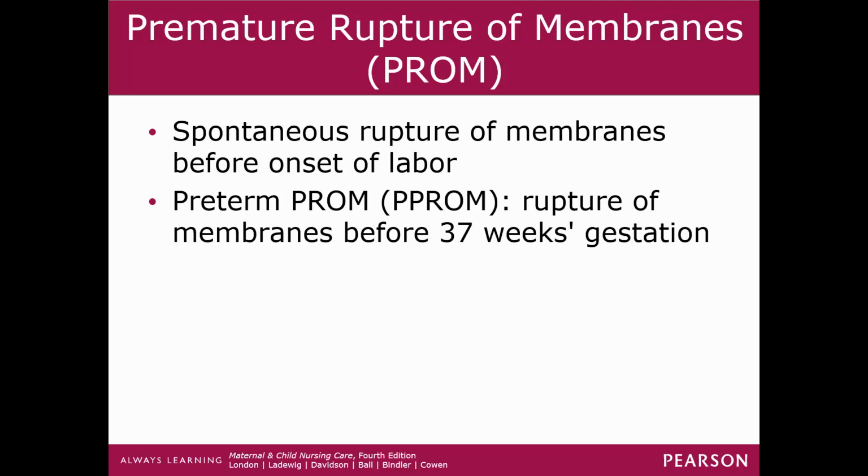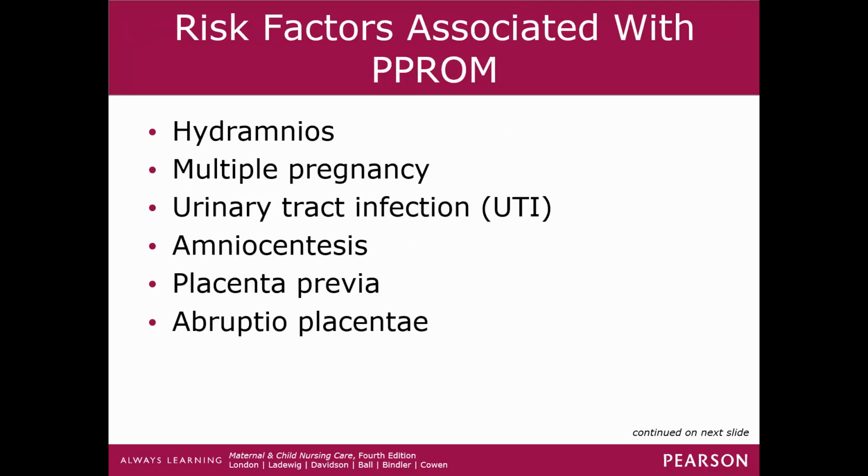It means that the water has broken before labor, prematurely, before labor. Now, if the patient is less than 37 weeks, then it is called preterm premature rupture of membranes. So that's nice and confusing.